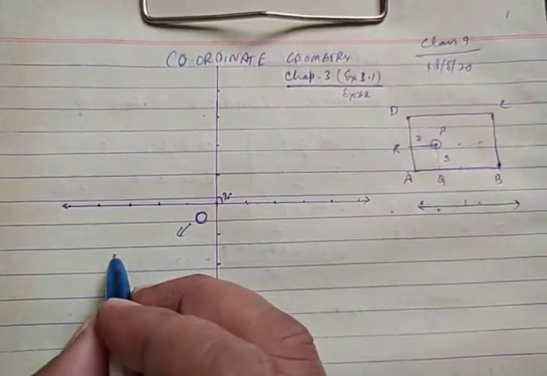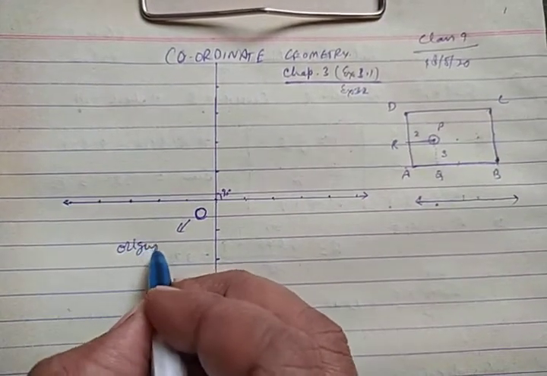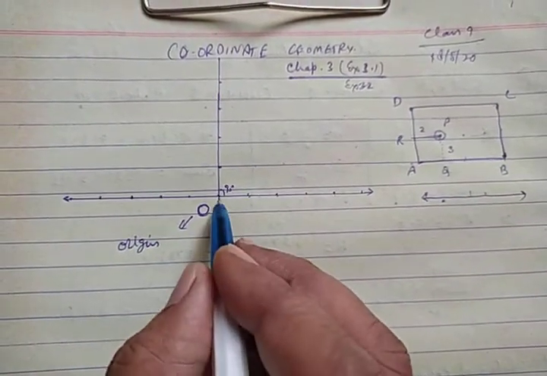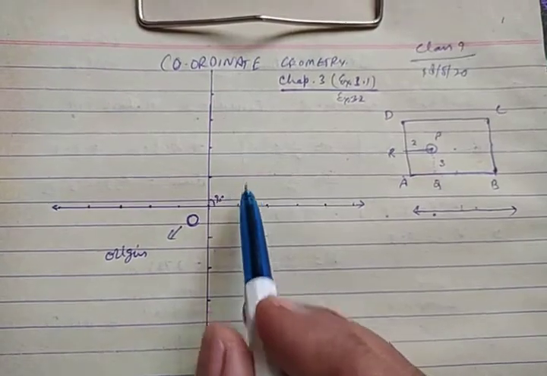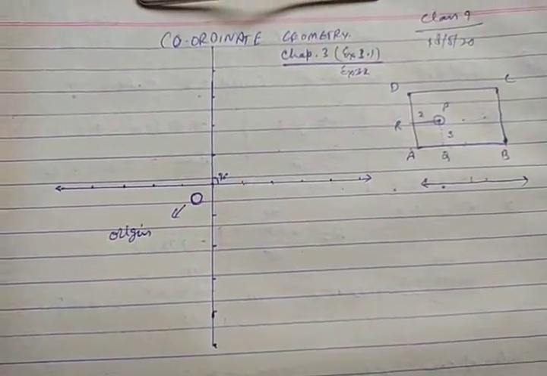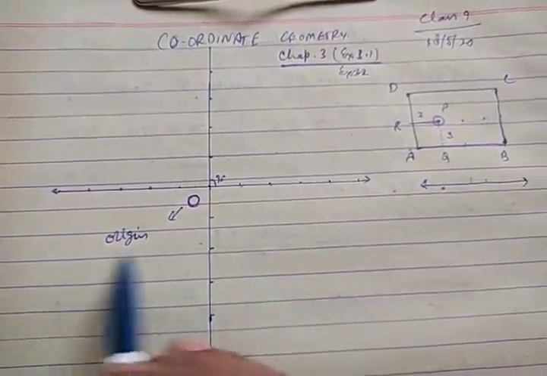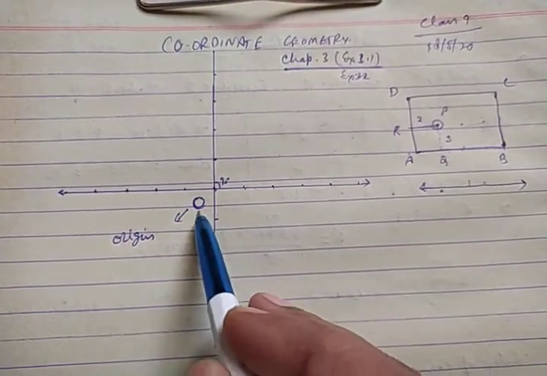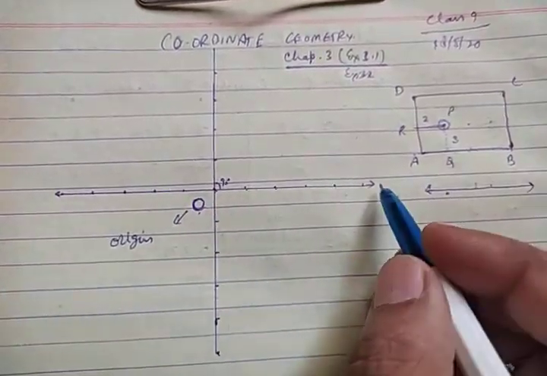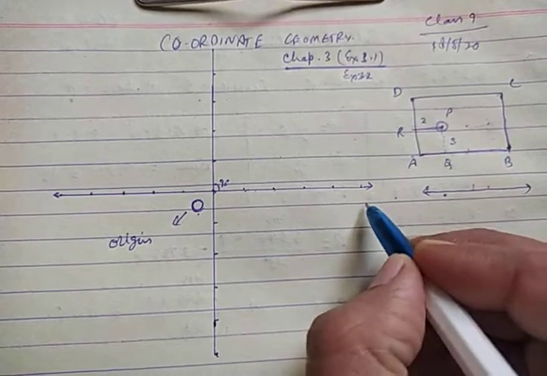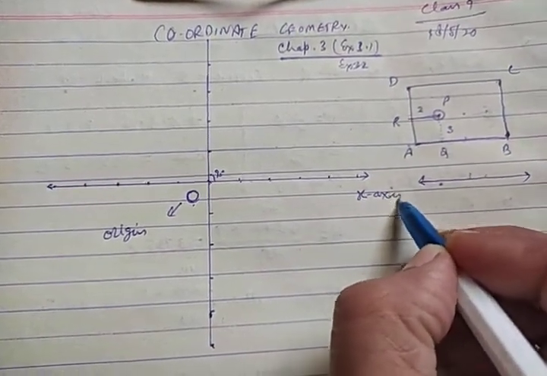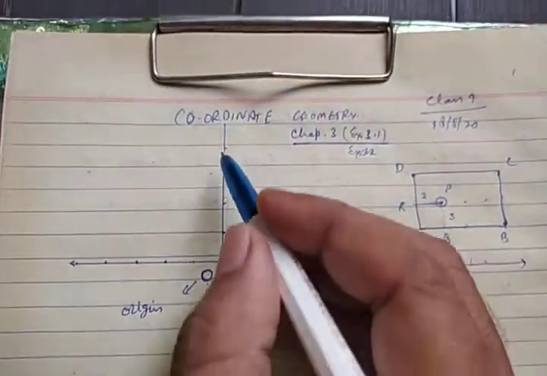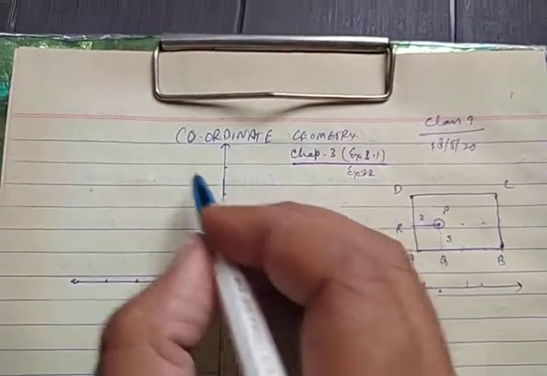I am writing the names. These are specific names for this point. Wherever you draw two perpendicular lines on a page, the diagram will be like this. This point will be called the origin, this horizontal line is called the x-axis, and the vertical line is called the y-axis.